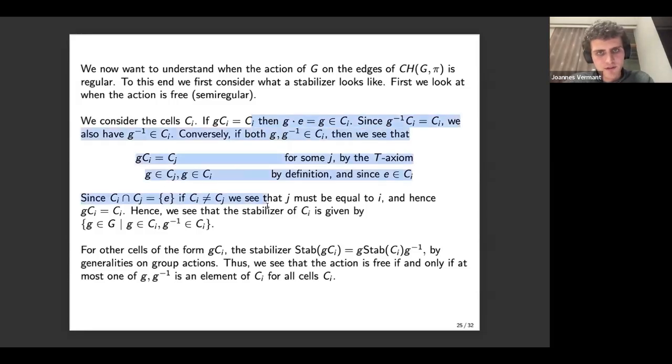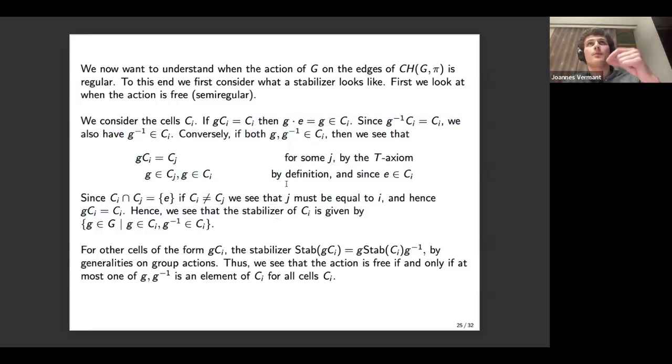So here I give a short proof of this fact, which I will skip. But the conclusion of this reasoning is that the stabilizer of Ci is given by the elements in G such that both G is an element of Ci and G inverse is an element of Ci.